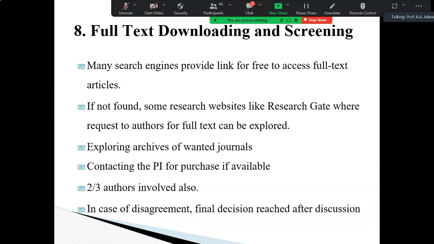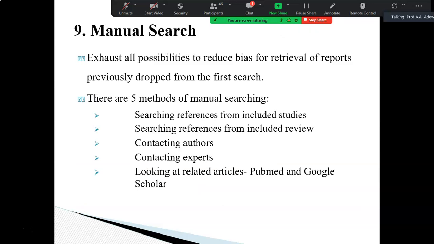Sometimes we have to explore archives of wanted journals, then contact the PI for purchase if available. That is, if we cannot get the articles free of charge. 2 to 3 authors are also involved in this, and in case of disagreement, the final decision will be reached after useful discussions.